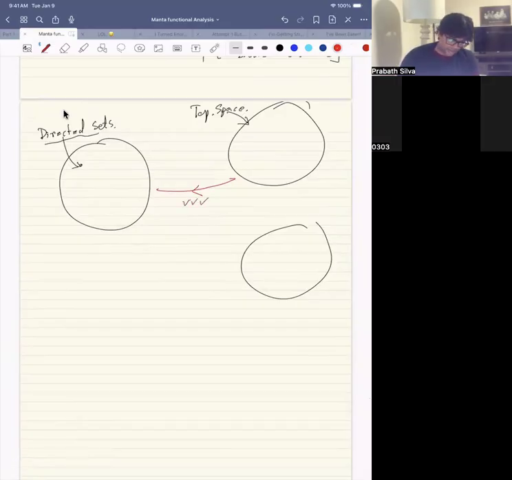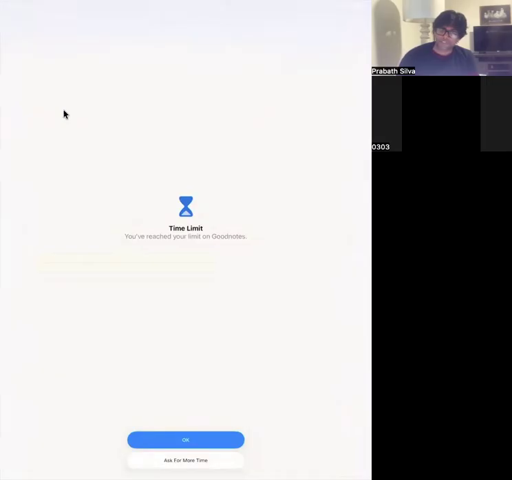Okay, now I'm trying to go the other way. Kind of gives you where this directed set fits in the topological space picture.